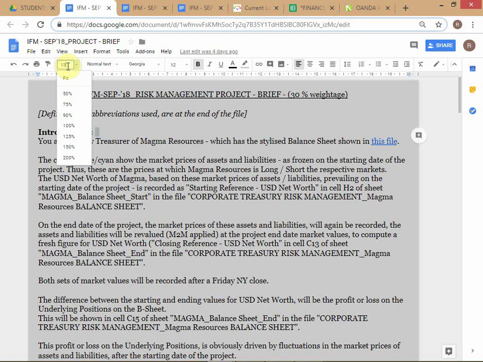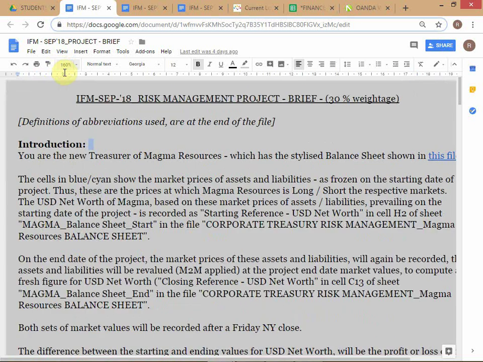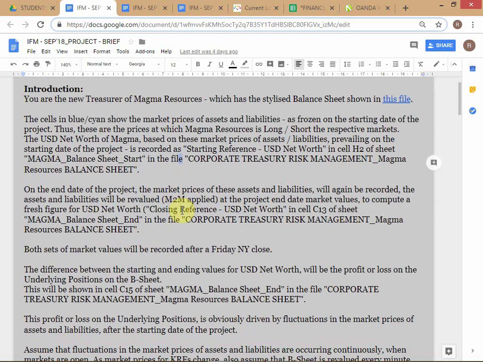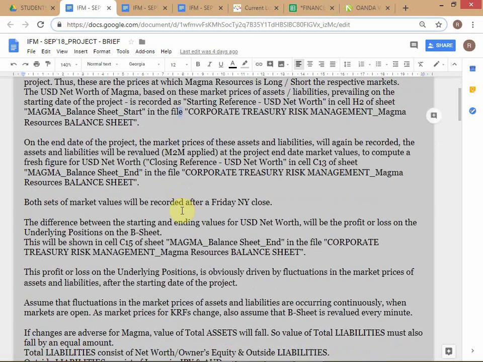I'll just change some of the things. I just want to cover the material, so it's a little haphazard.